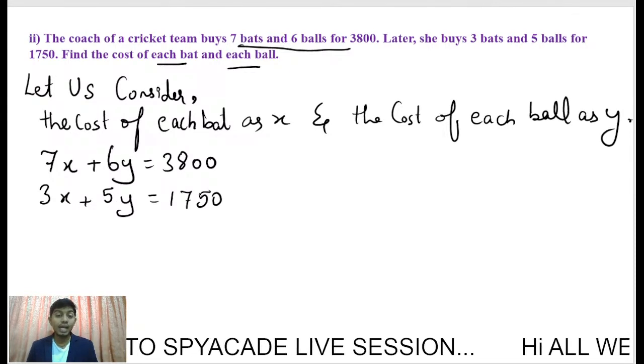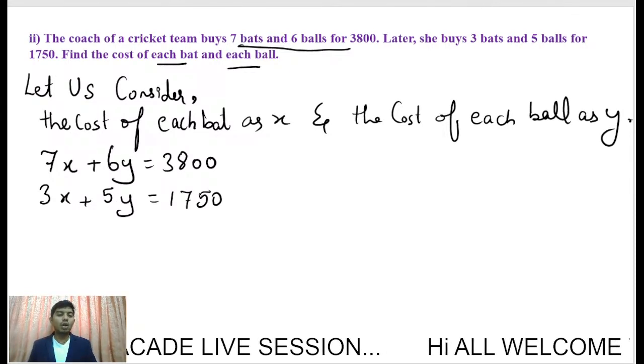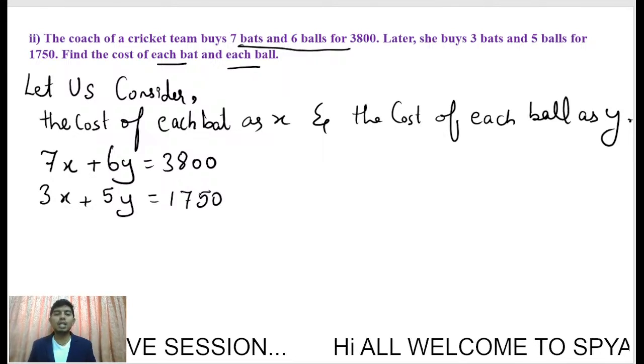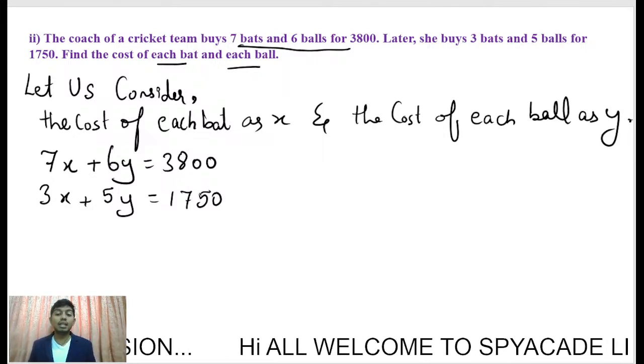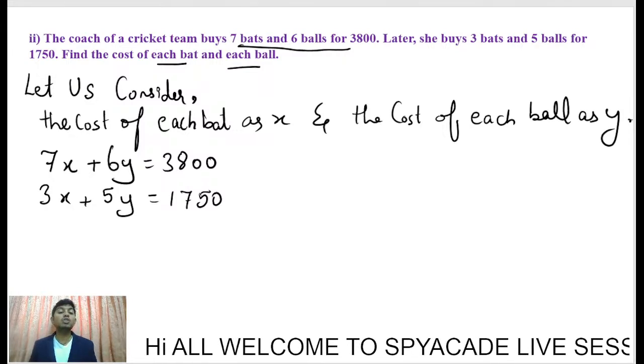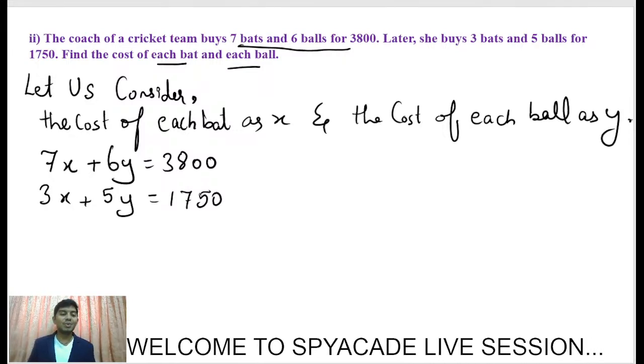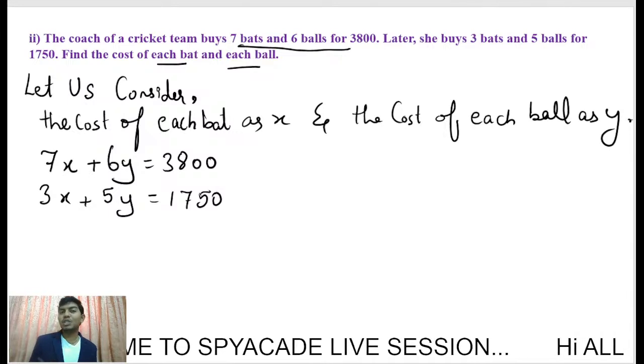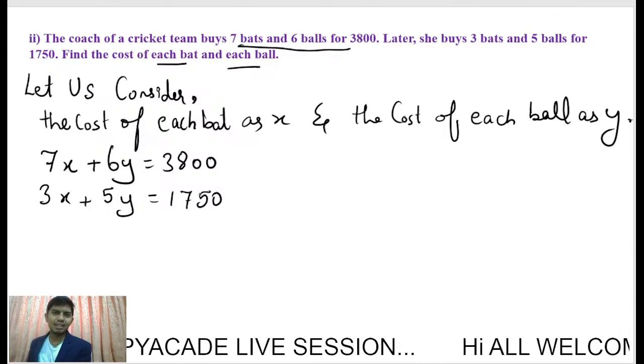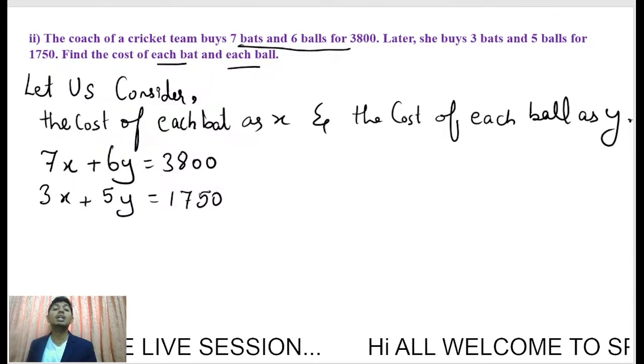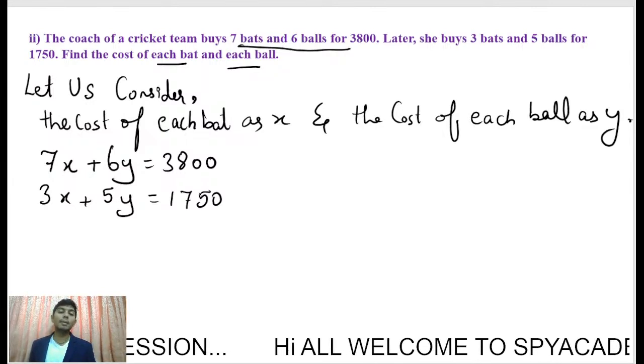Now we have to find the value of x and y, because x is the cost of each bat, and y is the cost of each ball. Which method do we use? Not the graphical method; in the question they have given the substitution method.